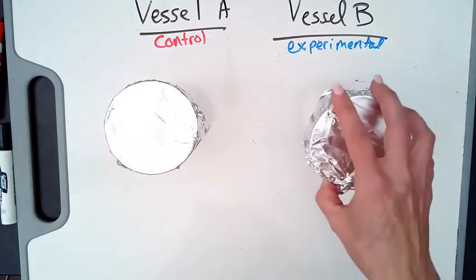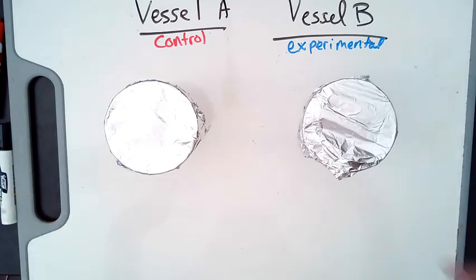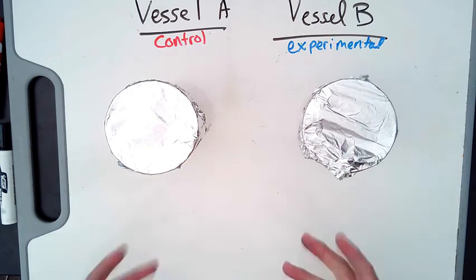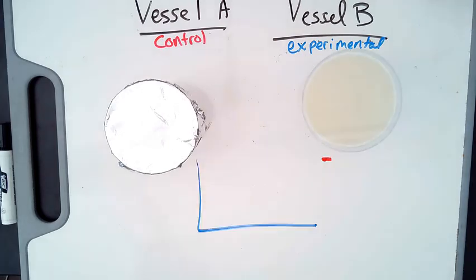Okay, so be creative. If you can't be creative, at least focus on changing only one variable. That way we can say with some fidelity, everything was the same between these two except for that one thing. And now look at your data and see if that one thing actually impacted the temperature.